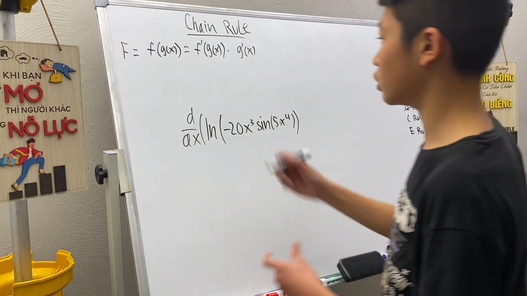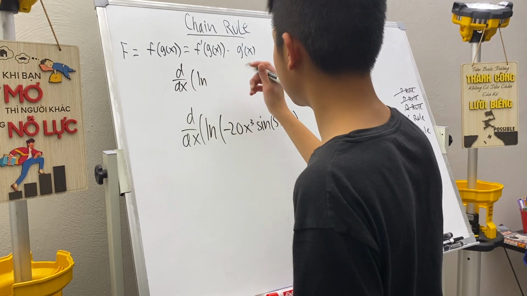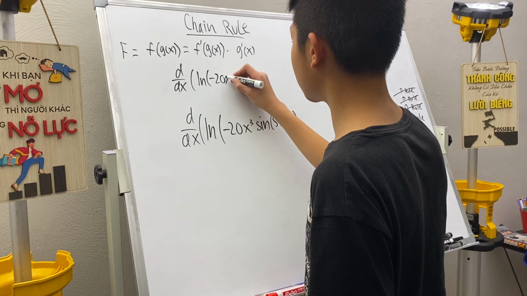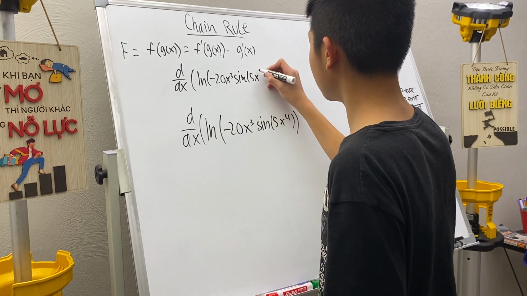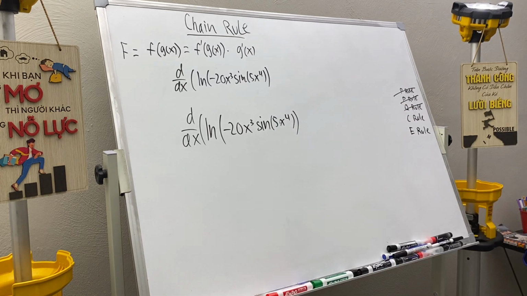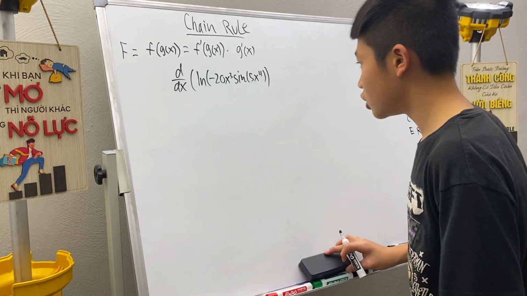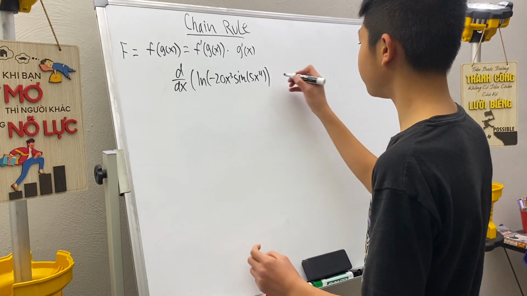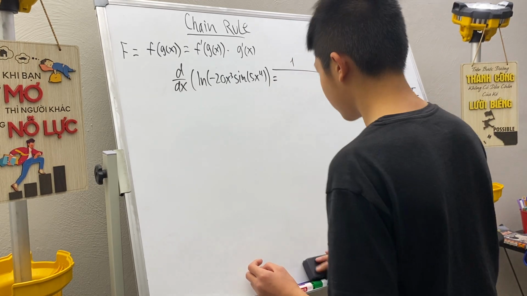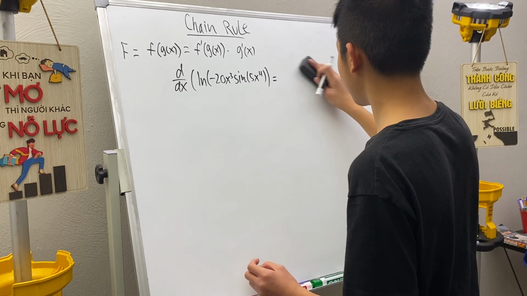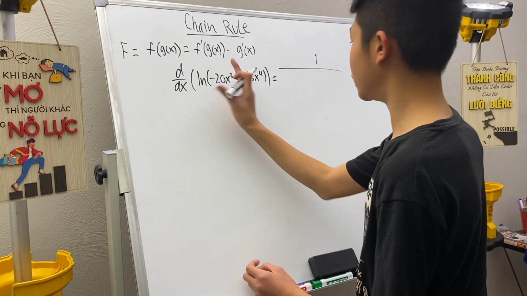Okay. So we're taking the derivative of natural log of negative 20x cubed sine of 5x to the fourth. So that means it's equal to what? Derivative of f, which is 1 over whatever is inside, which is this.